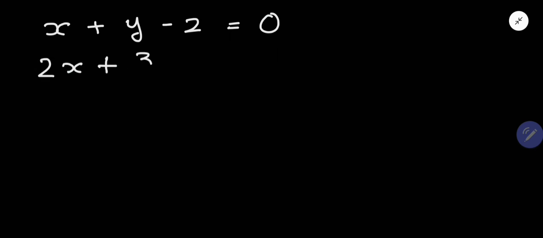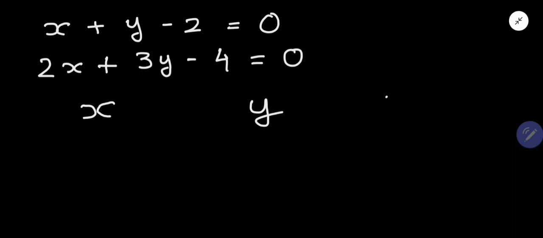Let's solve some examples. The first example is x plus y minus 2 is equal to 0, and 2x plus 3y minus 4 equal to 0. So we will write x, y, 1.